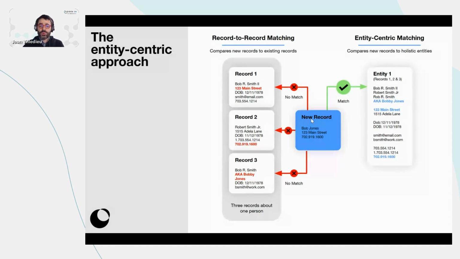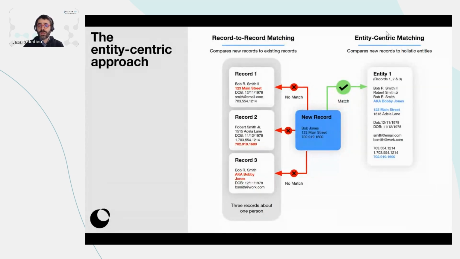So here we have a new record in blue, and if we try to compare it with these three records here, it's not going to be possible to find a match. It's not going to be possible to find a match because the name matches with record 3, the address matches with record 1, and the phone number matches with record 2. But every time we have a partial match, it's not possible to confidently resolve the entities.